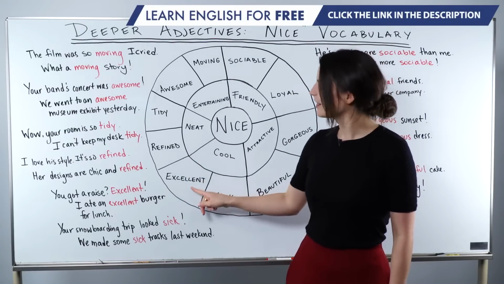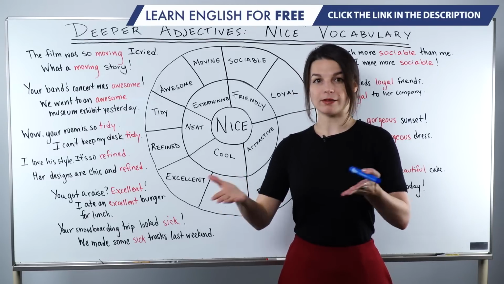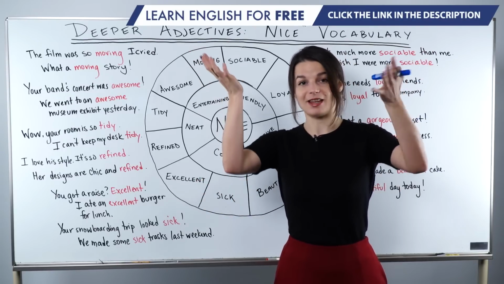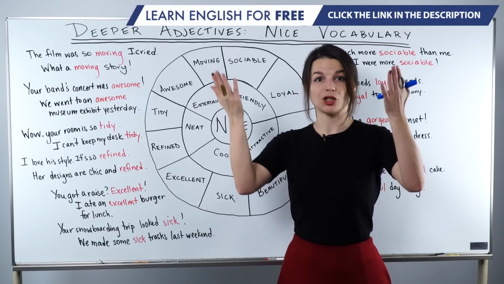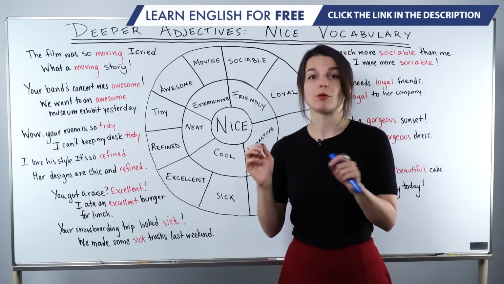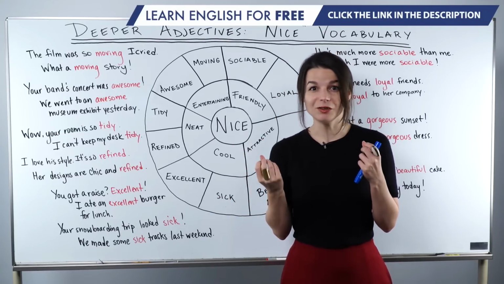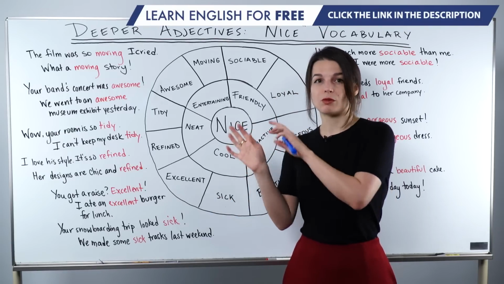So excellent, I think many of you know excellent because we use it to talk about something that is of high value, yeah? Or something that we did a really good job with, like excellent job on the test or excellent job with your paper. So we talk about something in terms of its value when we use the word excellent.